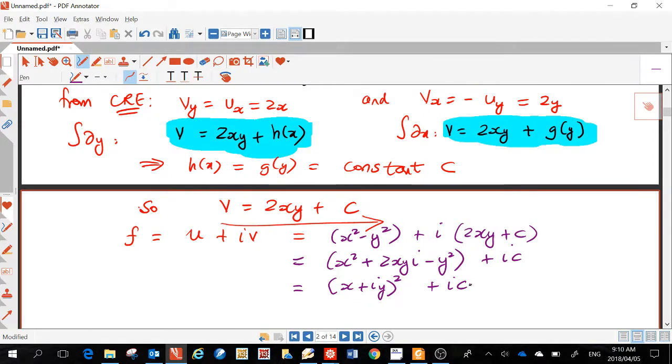Basically, I'm running it backwards in my head. That's why I said it takes insight, experience and a bit of practice. Now I've found that this is z squared plus ic, and that's what I want, f of z. It's now a function of z. There's no x, y, v, u and so on. Any questions, guys?